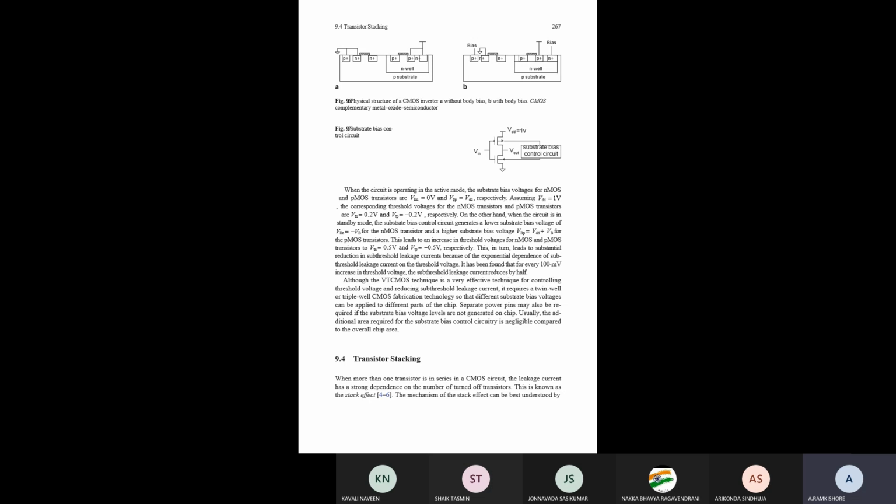The use of low VT transistors leads to increased subthreshold leakage current.